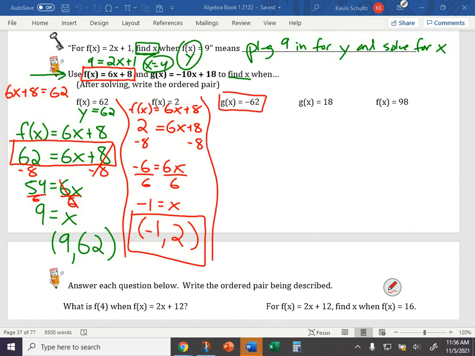You're right, now we're going to shift to the g equation, because it's g of x equals negative 62. So starting with that g of x equation, negative 10x plus 18, we're substituting negative 62 in for g of x. That's the equation you'll be solving. There's no need for parentheses there.